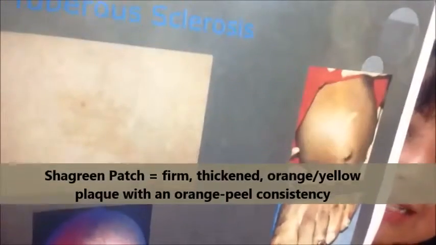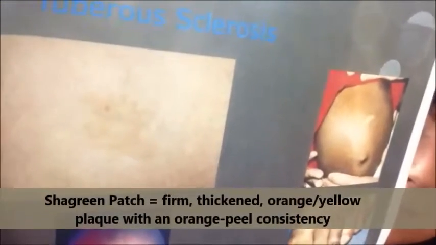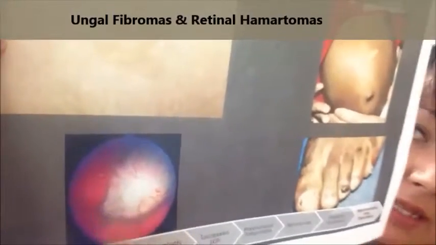Shagreen patch has that orange peel appearance to it, right? This is more of a plaque, so it's raised and has an orange peel appearance. You can get ungual fibromas, fibromas right around the nail bed, as well as retinal hamartomas. That's what this image is here. So that's tuberous sclerosis. Ash leaf spots and shagreen patches are the two big ones to remember.